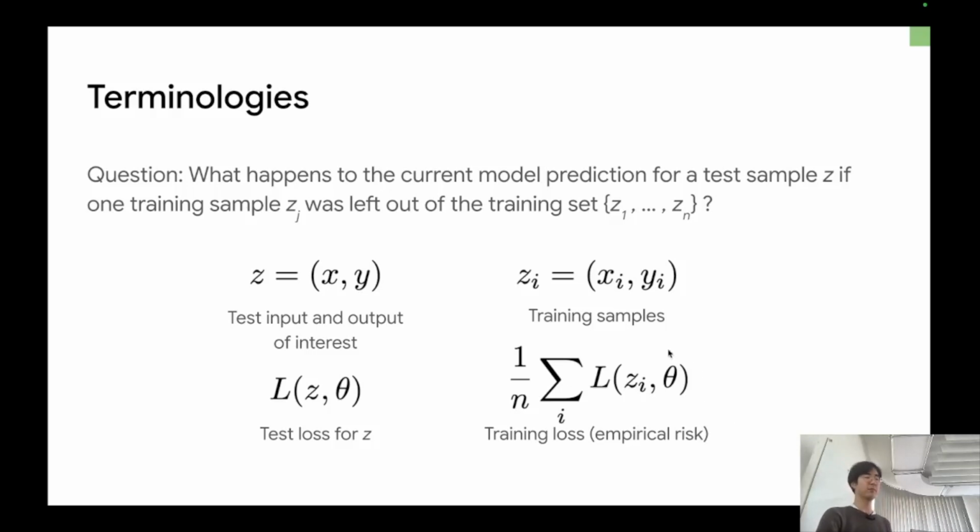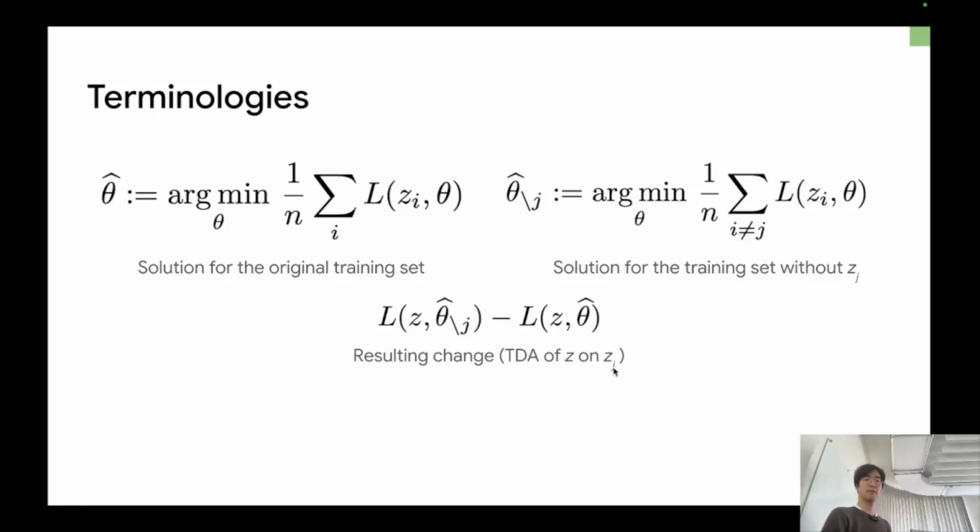That's the empirical risk. Based on this empirical loss, you can define the overall, global solution of this optimization problem, which is the argmin of the empirical risk.